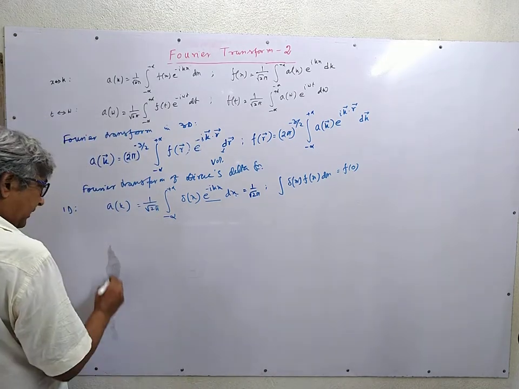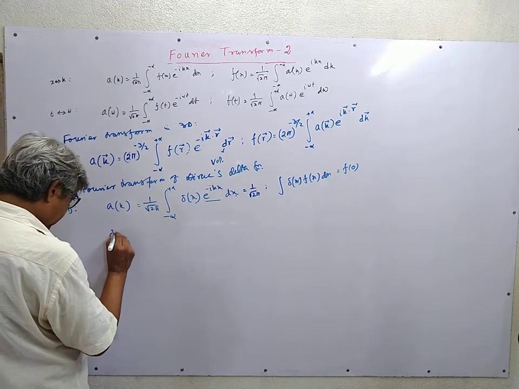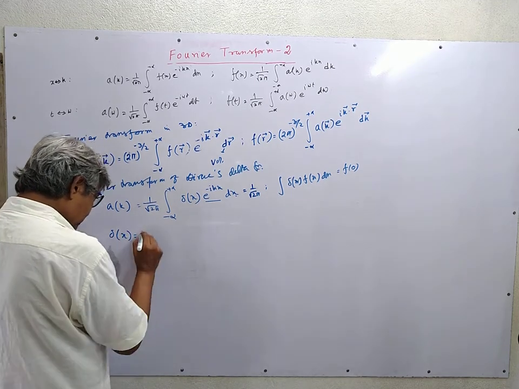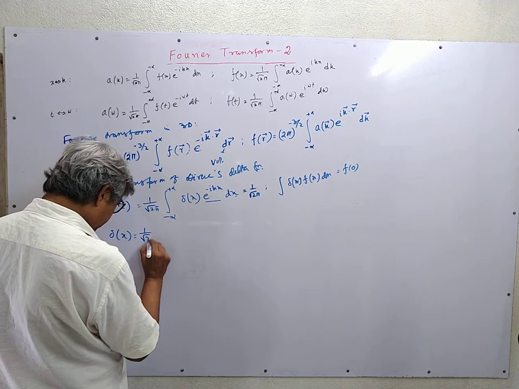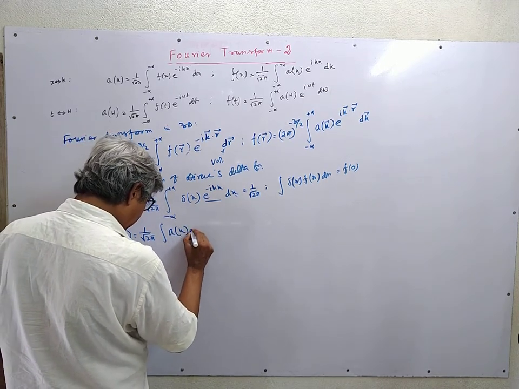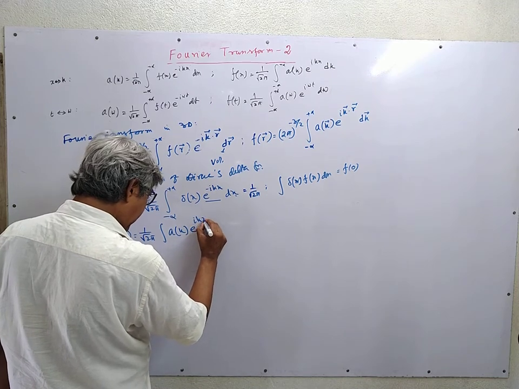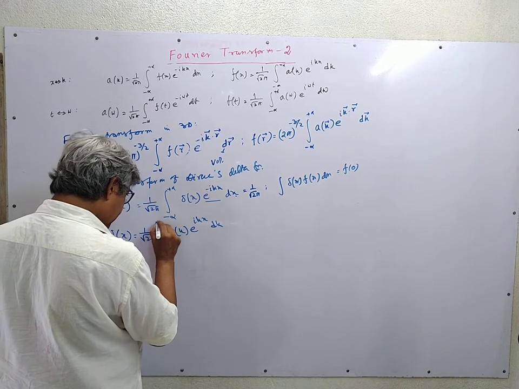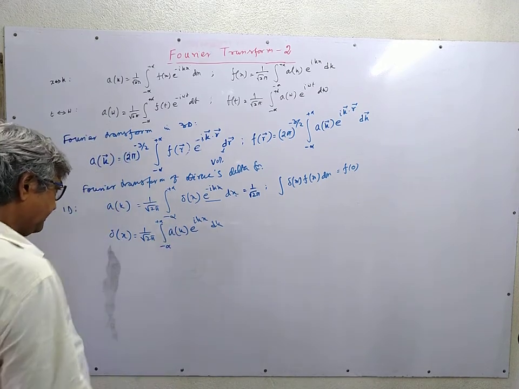So we use the inverse transformation. We write delta of x is equal to 1 upon root 2 pi, integral of a of k e to the power i kx dk, integrated from minus infinity to plus infinity.